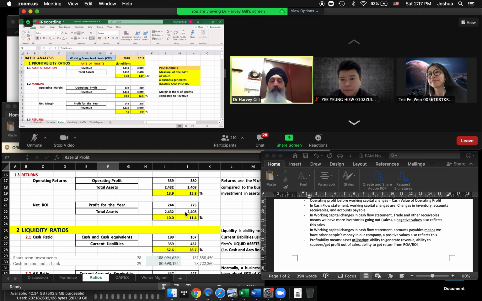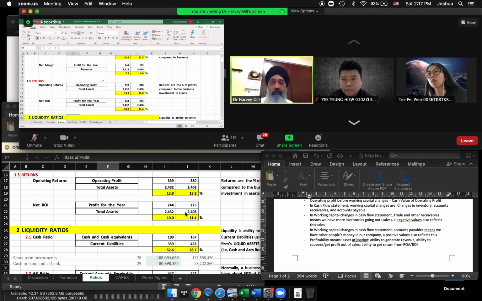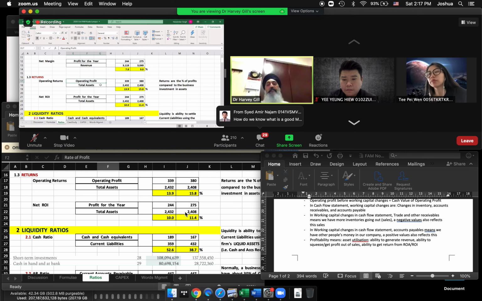How much operating profit for every dollar of revenue, and how much profit for the year, net profit after tax, for every dollar of revenue. That's margin. Then returns, on the other hand, is simply profit compared to the total assets in the business. Profit for the year divided by total assets. That is profitability.